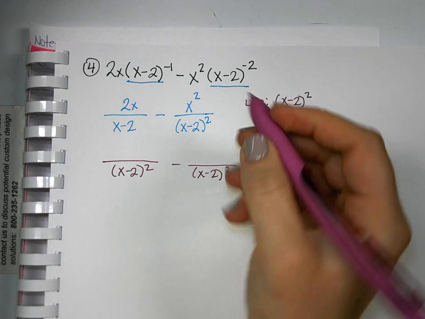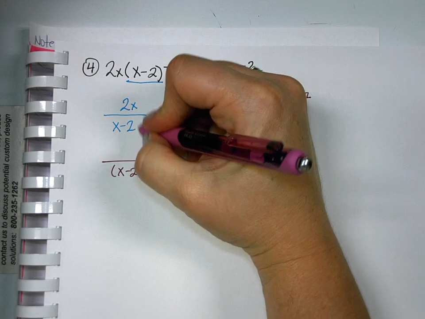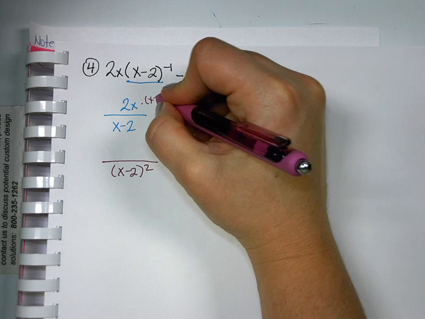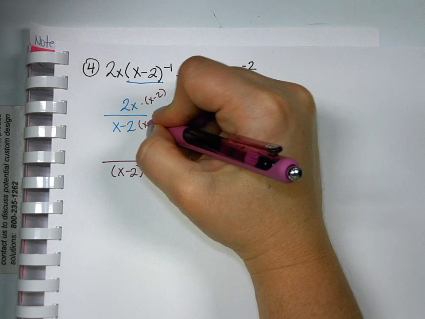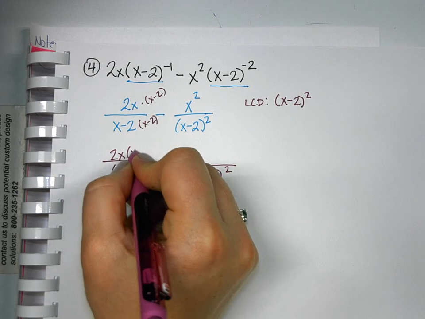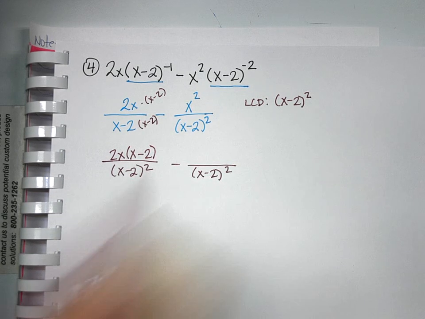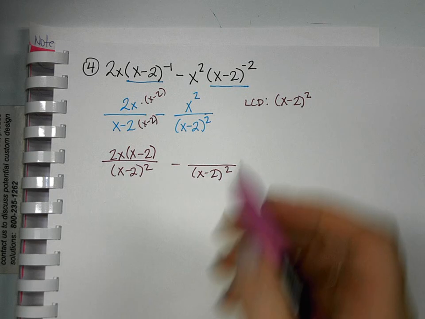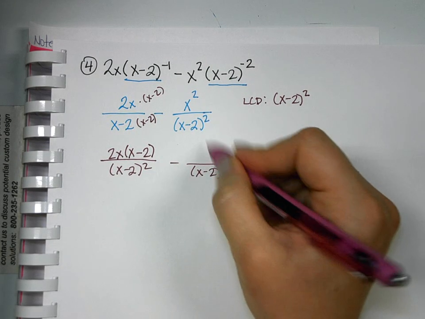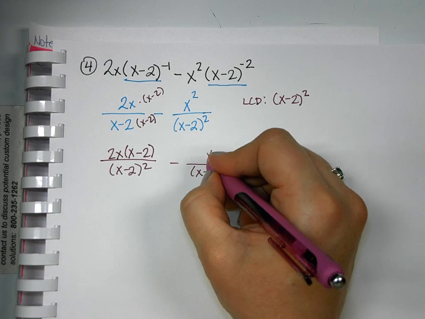So on my first one, to get another x minus 2, I have to multiply top and bottom by an x minus 2. So that means my numerator on this first fraction is going to be 2x times x minus 2. In the second one, I don't have to multiply anything because the common denominator is already there. So this is going to stay x squared.